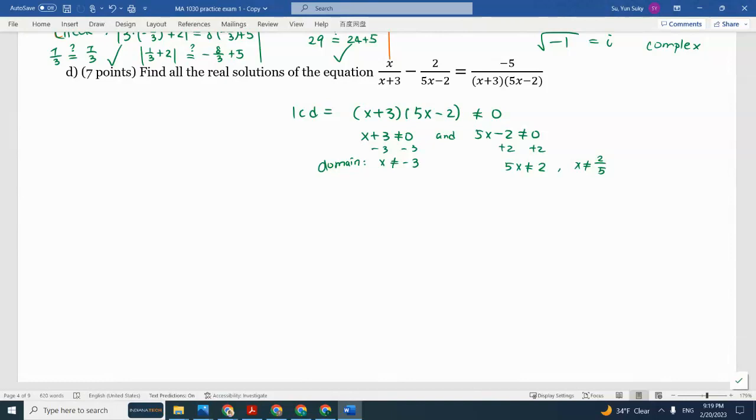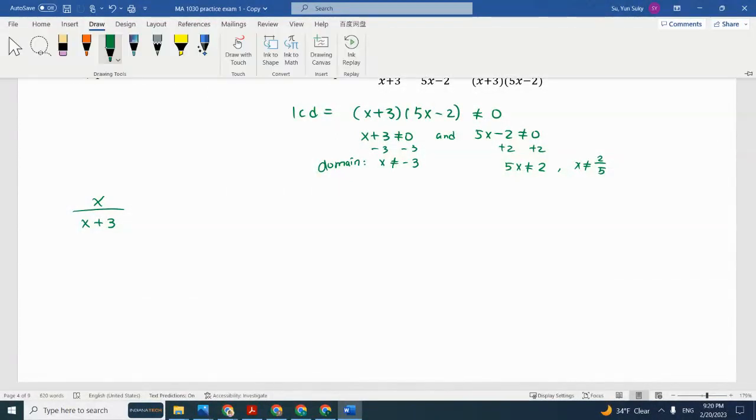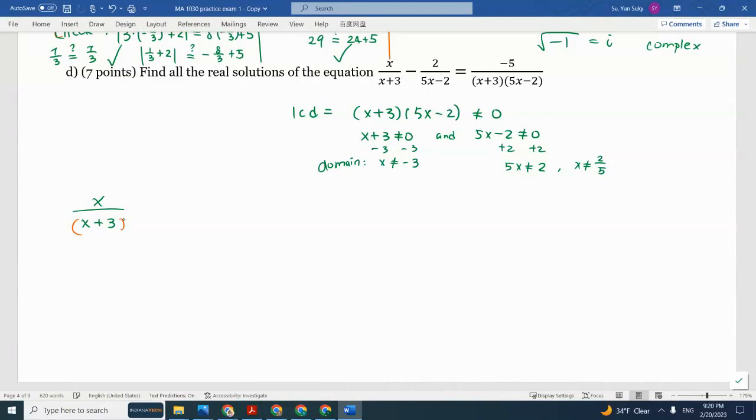Now let's multiply each fraction by an appropriate factor to get the common denominator. The first fraction we need to multiply by 5x minus 2.